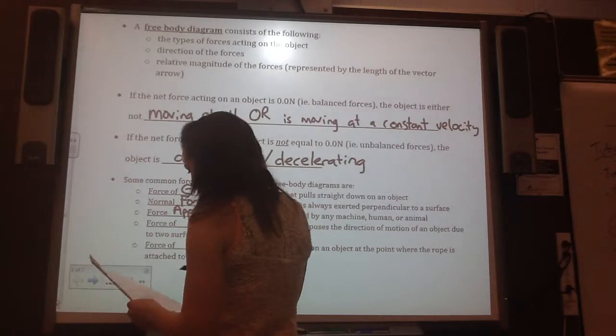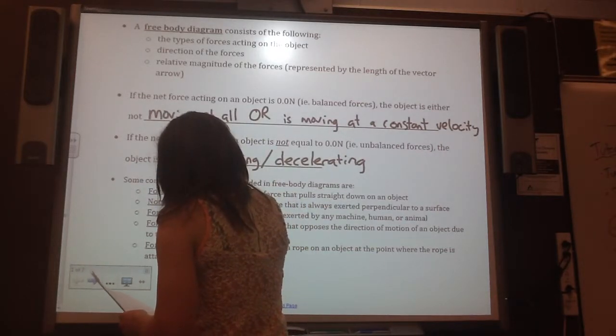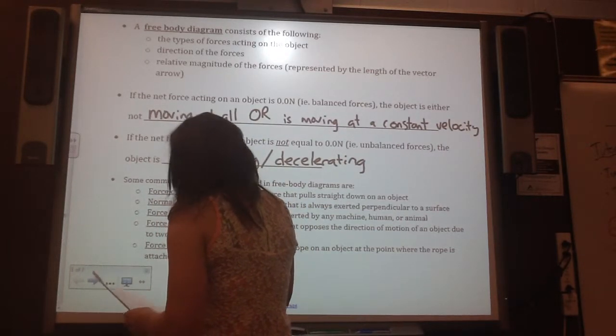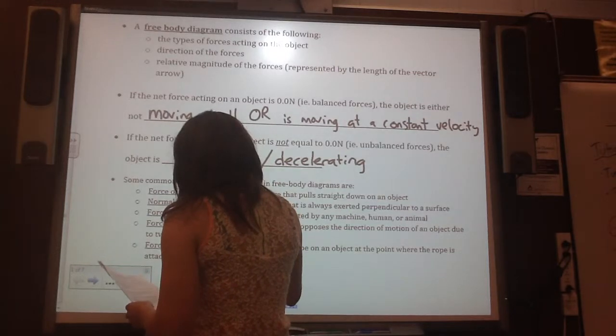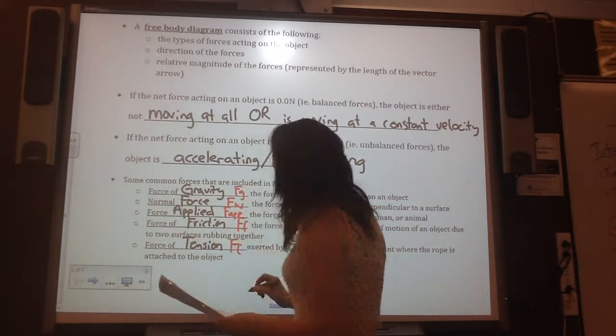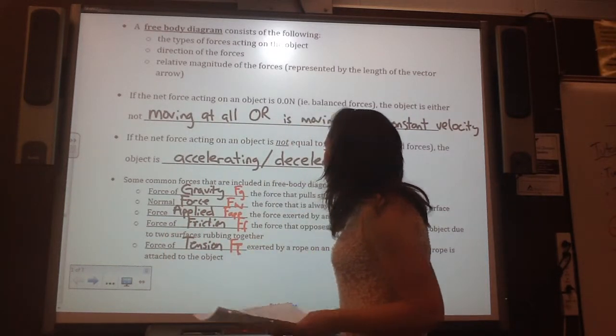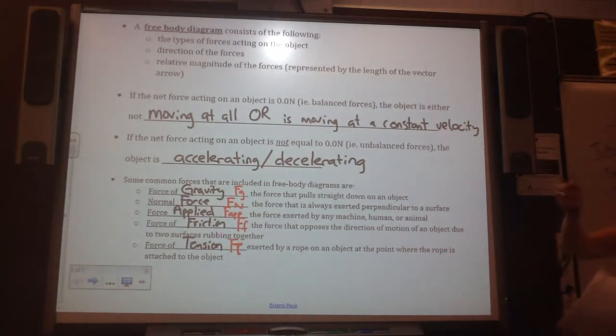Next is force of tension, which is F and then T, big T. This is exerted by a rope or an object at the point where the rope is attached to the object. So it's tension from a rope or a cable or a string, anything like that that's causing tension.